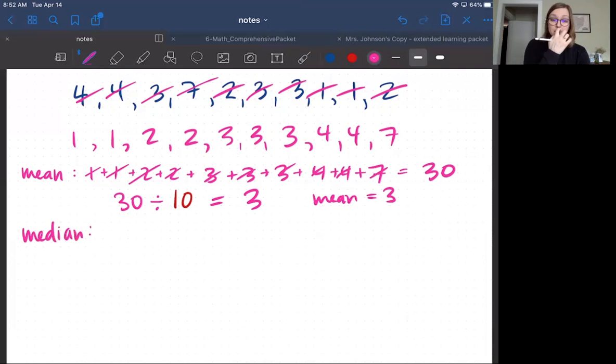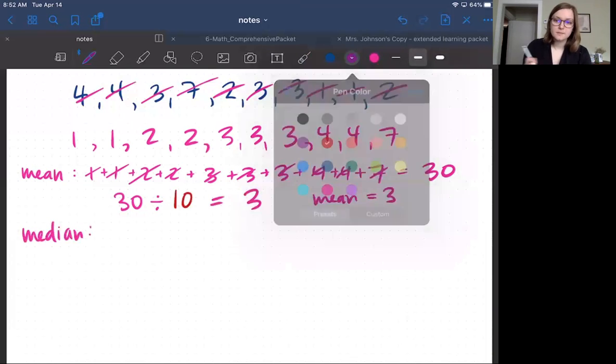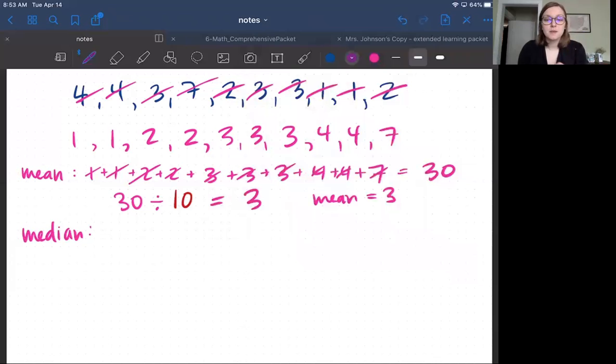Okay, now the median is the middle number. So if I go back to my original set of numbers, I'm going to use purple here. The median is literally what number is right in the middle of them. So I'm going to put a little dot, or you can slash them out, as we go from the outside all the way into the middle.